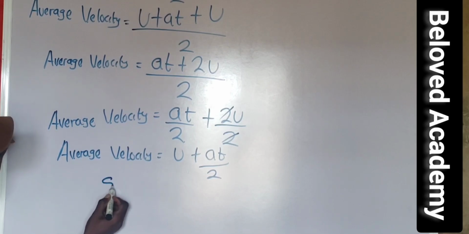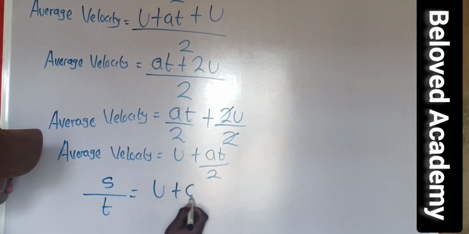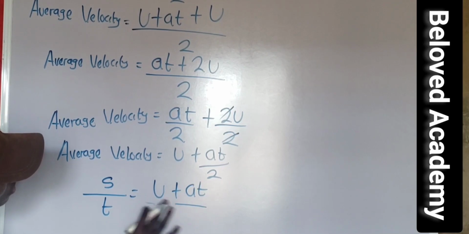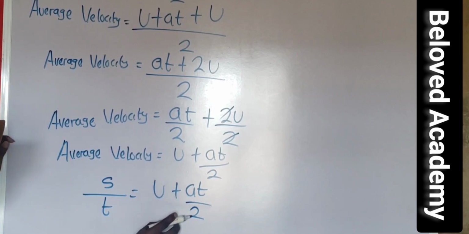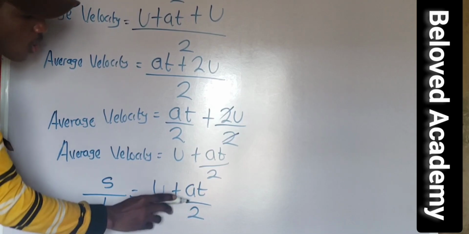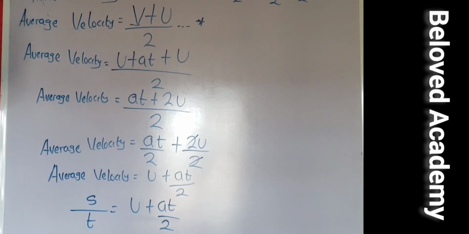So, I'm going to have s all over t equals u plus at all over 2. The 2 is only the denominator of at. So, for you to understand the advanced physics, these are the basic concepts that you have to understand first. Do you understand?